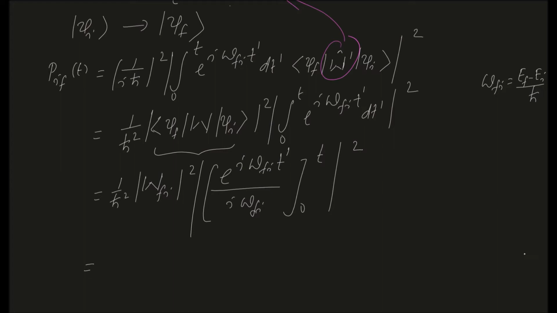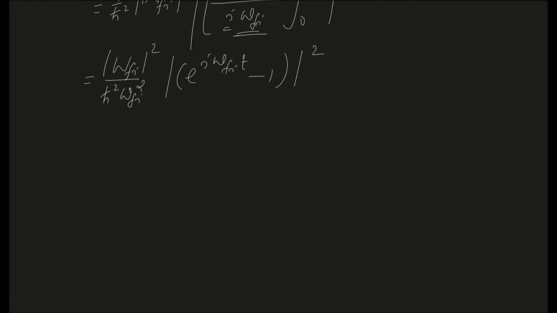So this will give us modulus W_fi square by h cross square, then omega_fi square coming from here. So when you take the modulus square, this will give us 1 by omega_fi square, and e raised to i omega_fi t minus 1, then the modulus square.